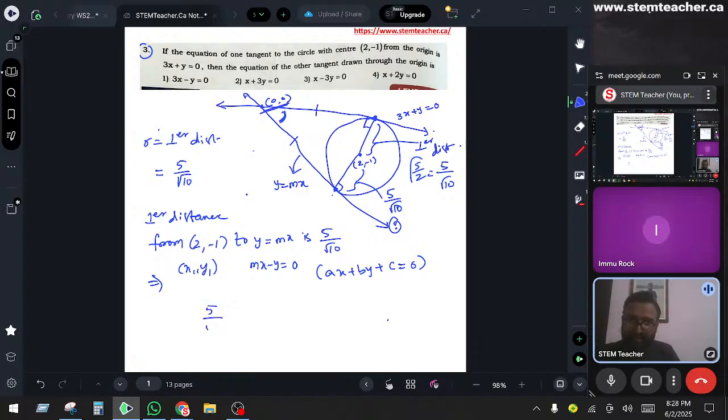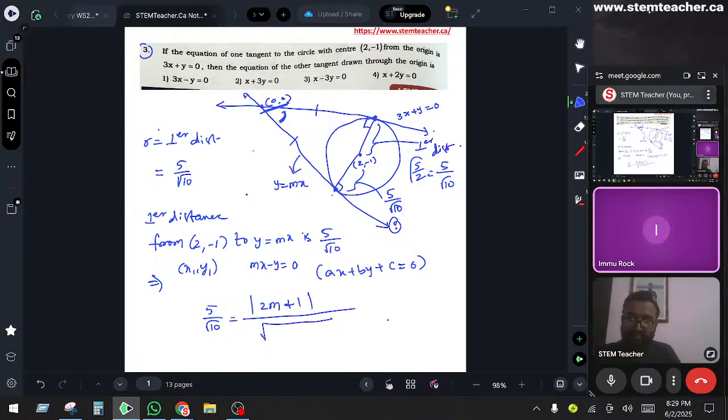5 by root 10 is equal to mod of a, what is a? It is m. So mod of 2m plus (minus 1) into 1, plus c, there is no c, by under root of m square plus 1.